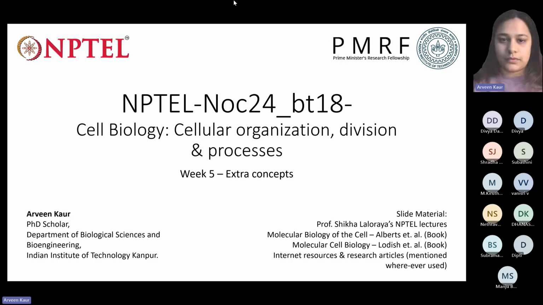We'll discuss some extra concepts that are related to week 5 lectures for this course, that is cell biology, right? For this particular lecture, most of the things that I have picked up are from these two books that I have used earlier. One is Alberts, that is Molecular Biology of the Cell, the sixth edition, written by Alberts et al.